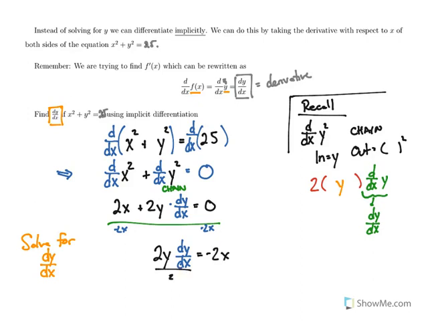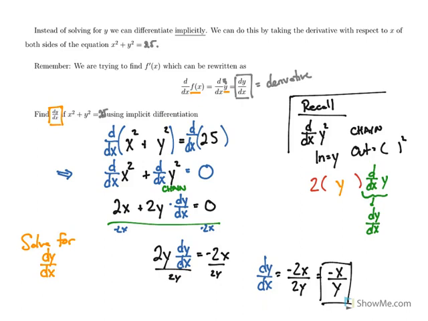And then I'm going to divide by 2y, and this will give me dy/dx is equal to negative 2x over 2y, or negative x over y. So there is our derivative written in terms of both x and y. And we did this implicitly.